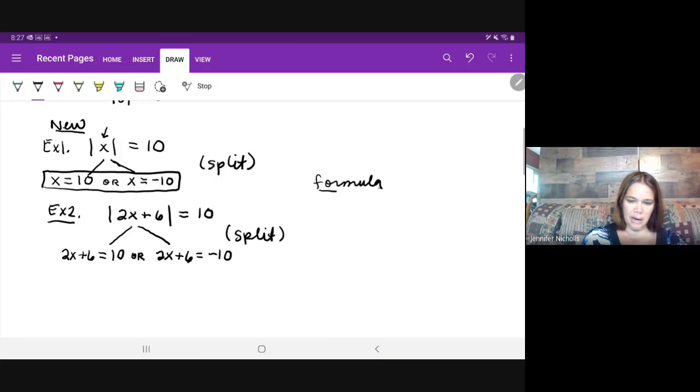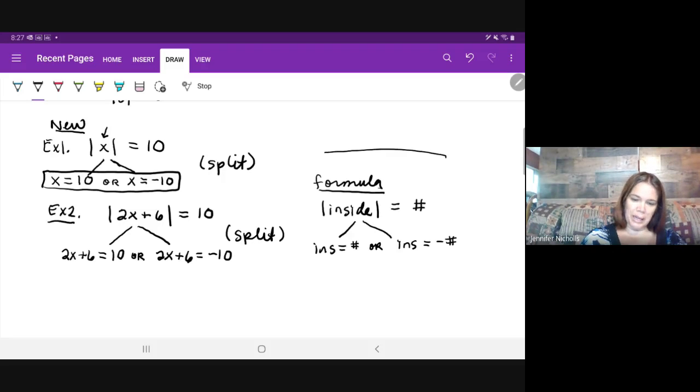Let's write a formula on the side. Absolute value of inside equals a number. We're going to do a split. Inside equals the number, or inside equals negative number.